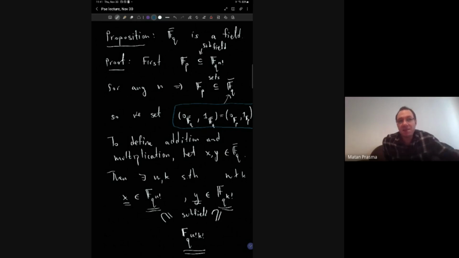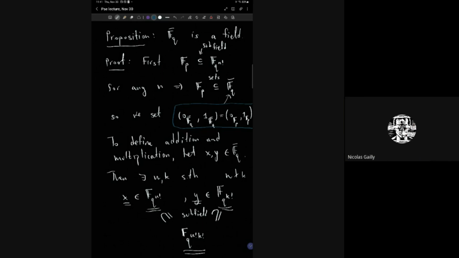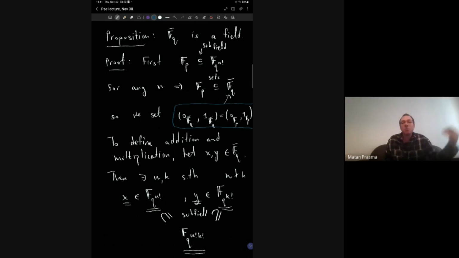It means that the 0 and 1 in FP are the same as the 0 and 1 in FQ. Okay, that's the definition of what we call a subfield. Yes. A subfield is like a subgroup. A subgroup must contain the unit element, the neutral element of the original group.